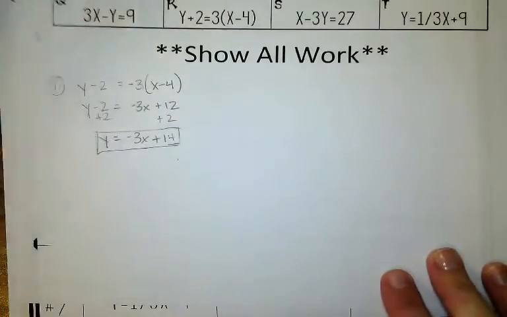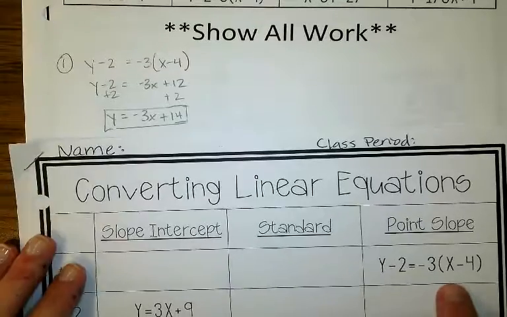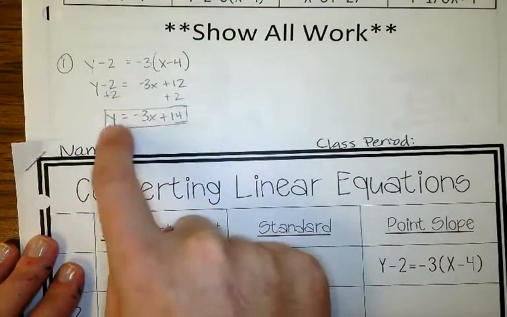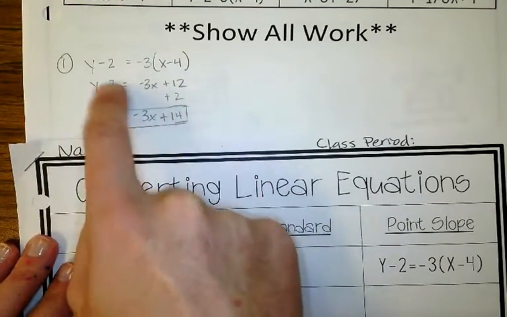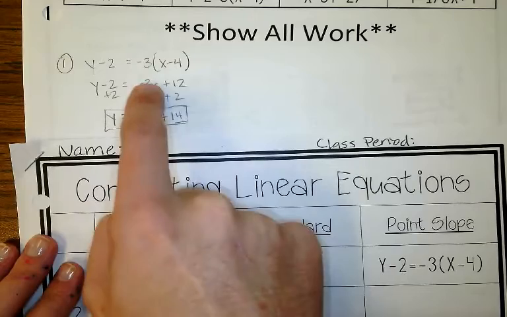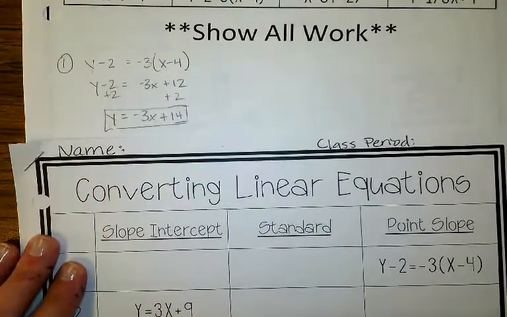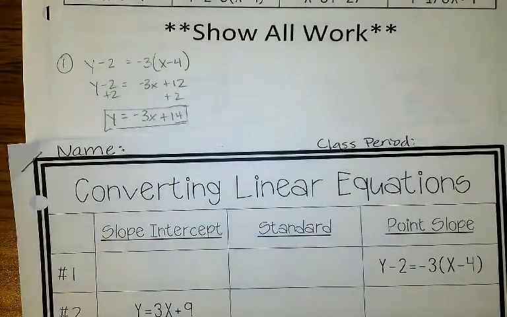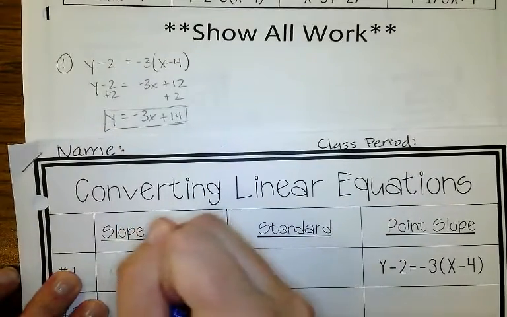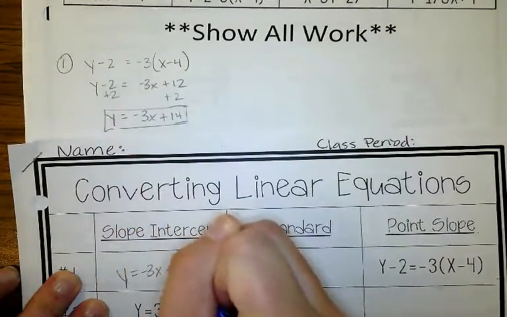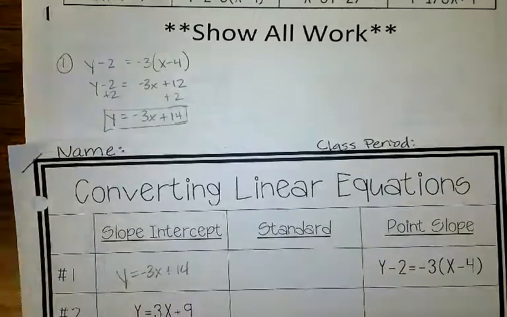Then I went and I was like, okay, so I distributed my negative 3, then I added my 2, so I got y equals negative 3x plus 14. Now before I even wrote it down here, what I would probably do is go try to find it in my answer bank, which I do have it right there as letter H.